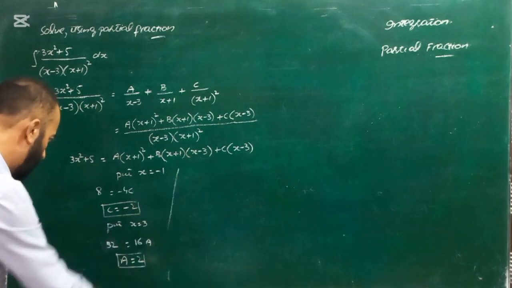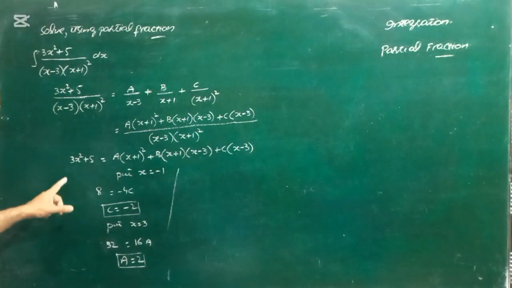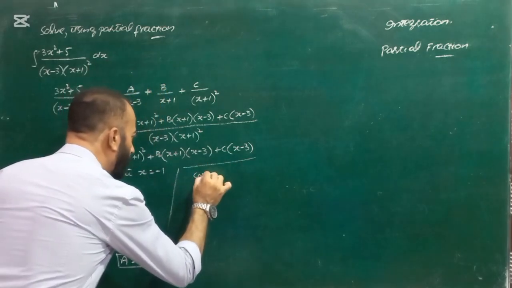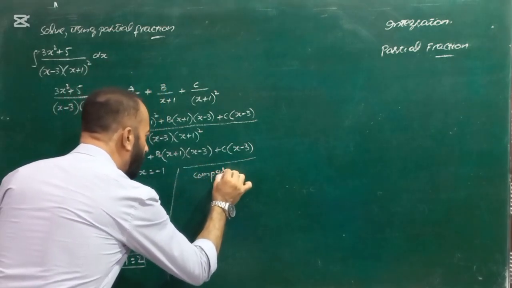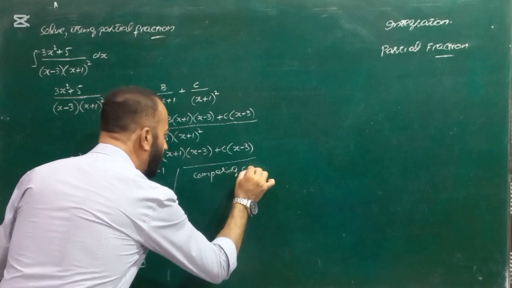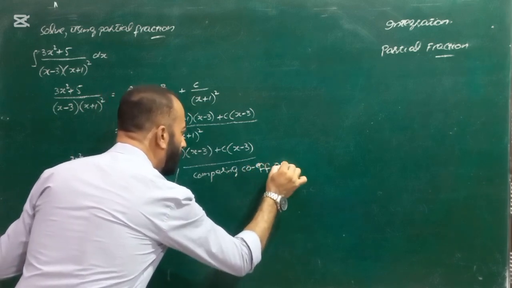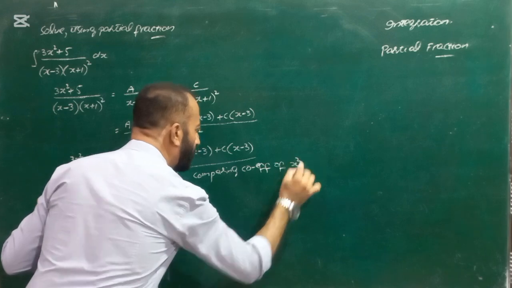Okay, now the thing is only B is left. Comparing the coefficient of x square.